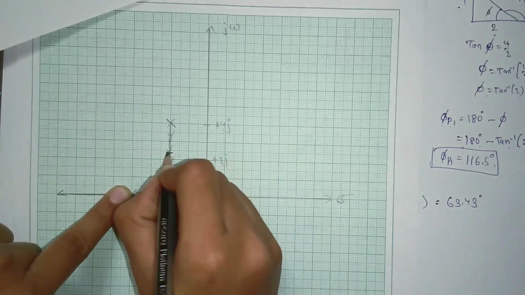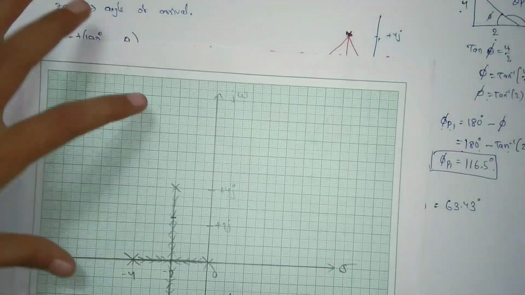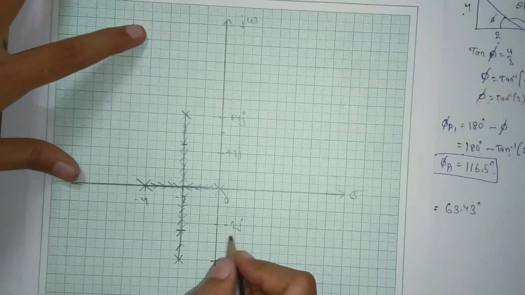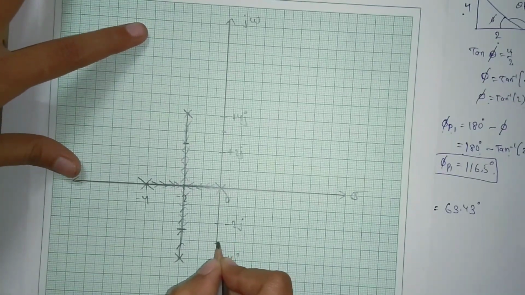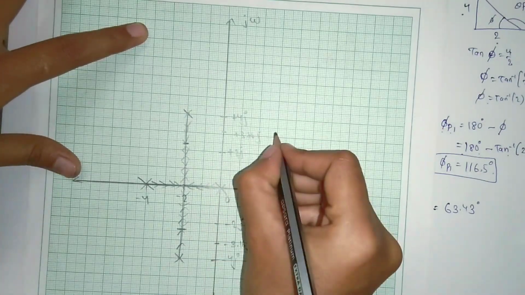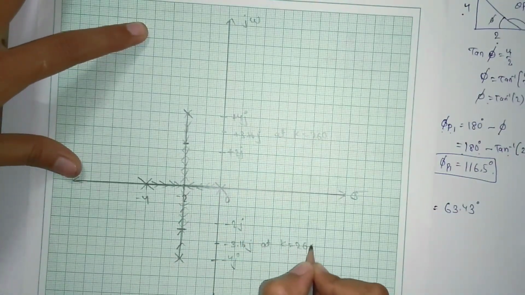And the point of intersection with the imaginary axis that we got was plus or minus 3.16j. This here is 3 and 0.16. We got it here, and minus 3.16j. This is plus 3.16j at k value equal to 260.